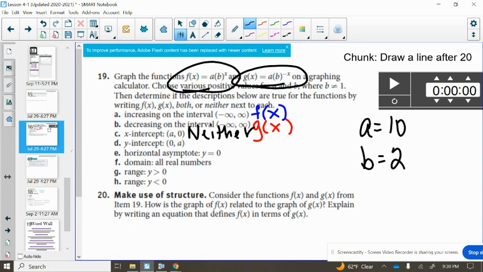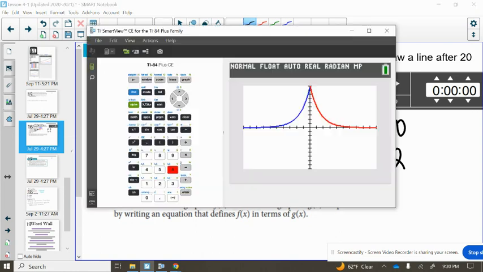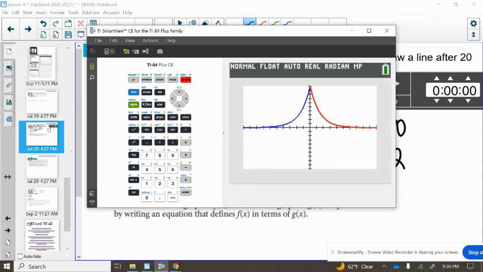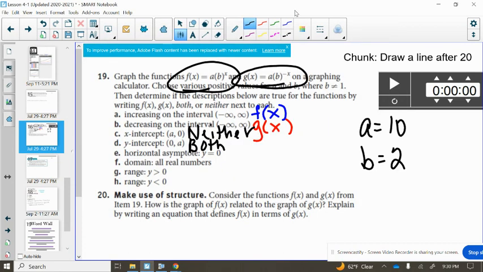However, both of them are going to have a y-intercept. And we notice since both of them have a starting principal value of 10, if we look at our graph, both of them are going to touch 10 up here as their y-intercept. Now, do they have a horizontal asymptote at y equals 0? Yes, they both do. They're both approaching that and converging.